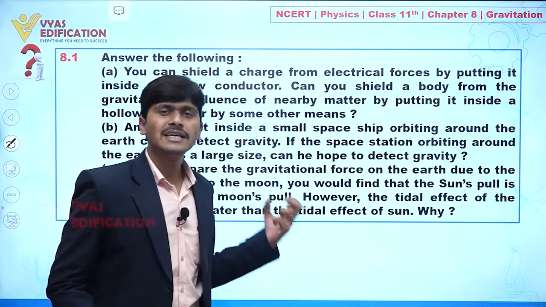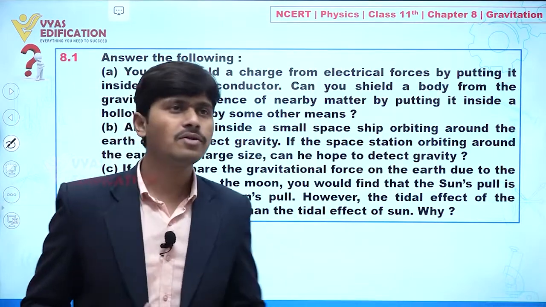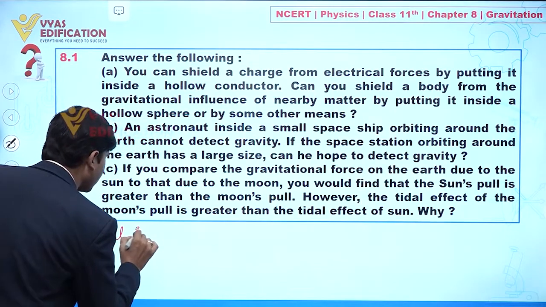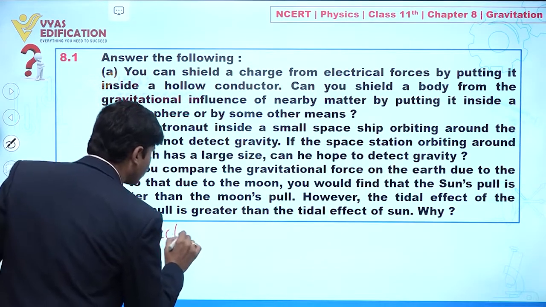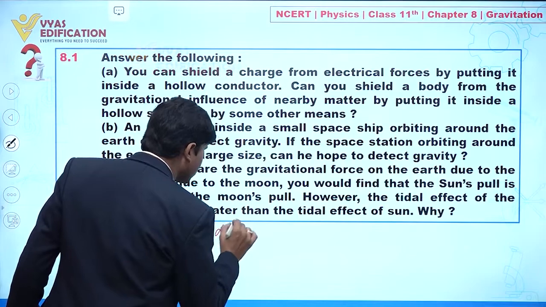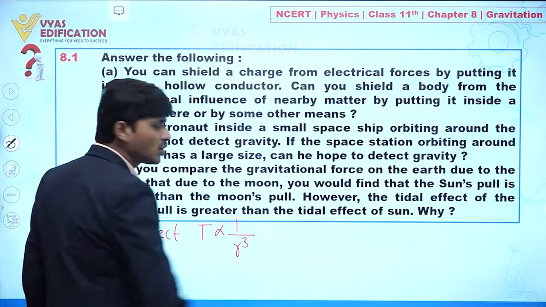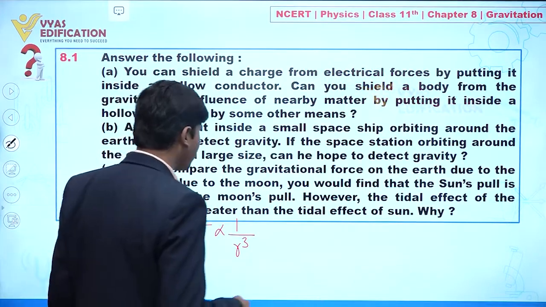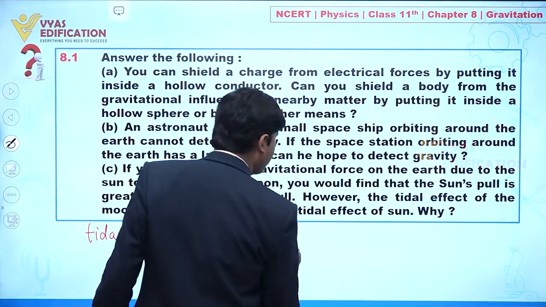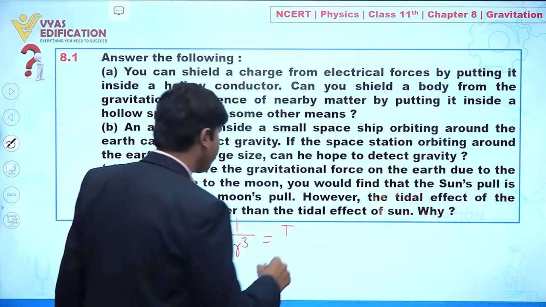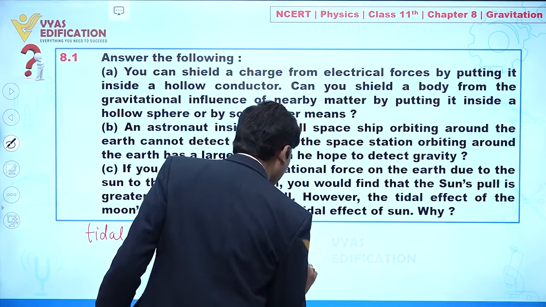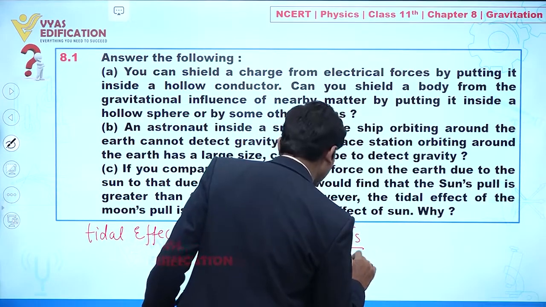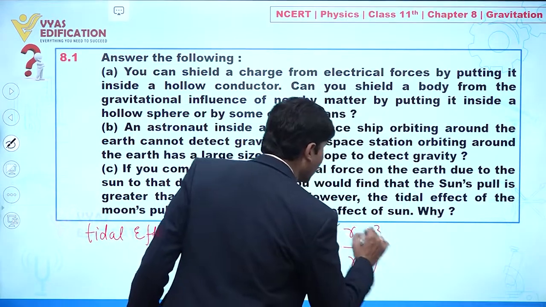Now, actually, it is generally seen that if we are talking about the tidal effect, this effect is inversely proportional to the cube of the distance between the two bodies. Clear? So if I am talking about TM, the tidal effect due to the Moon, and TS, the Sun, we can write this as equal to RS over RM, and this value cubed.